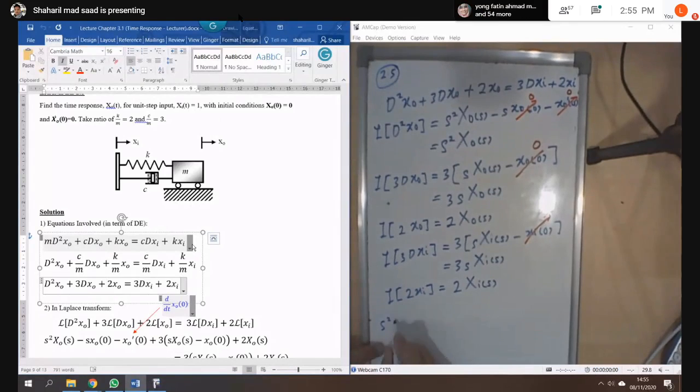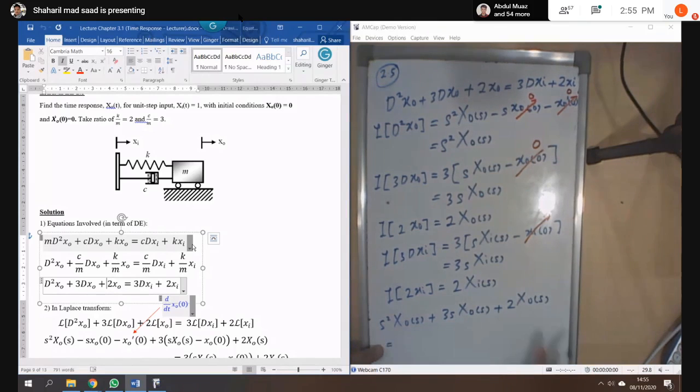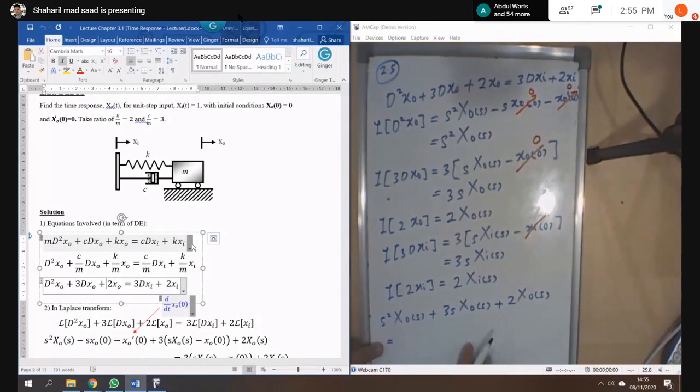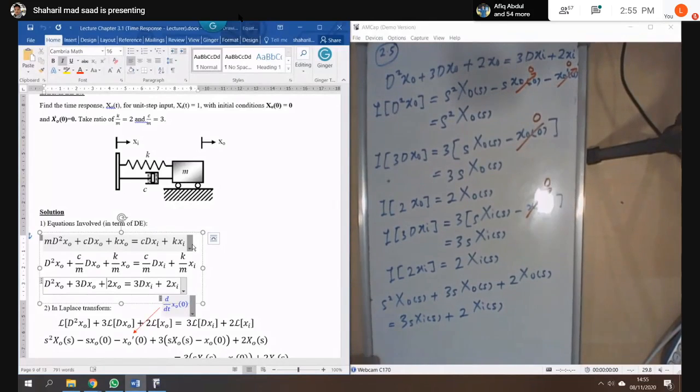So you got s squared x naught of s plus 3s x naught of s plus 2x naught of s is equal to 3s xi of s plus 2 xi of s.